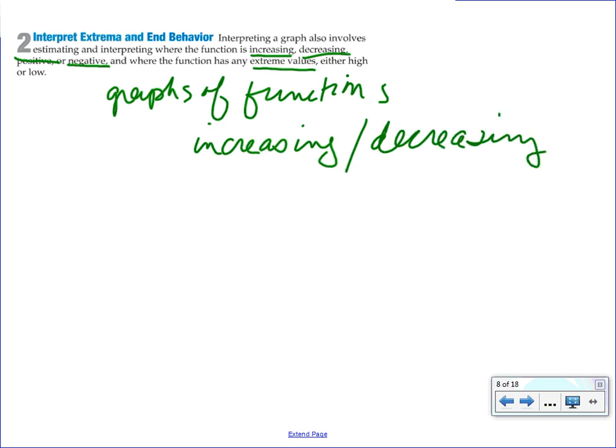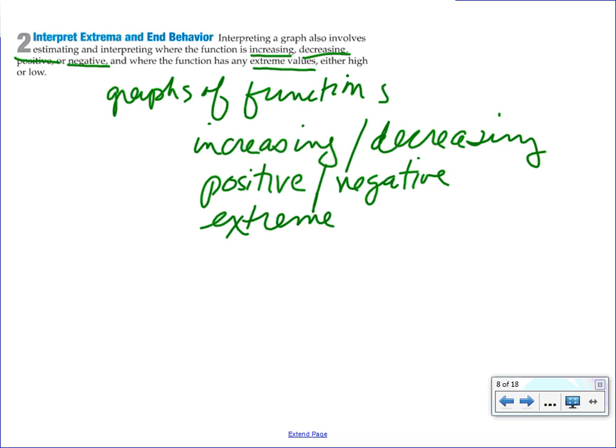And we're going to look at positive and negative values, or just general positive and negative, what's happening, if it's going up or down. And then we're going to look at the extreme high and low. We're going to look at each of these individually here in the next few slides.